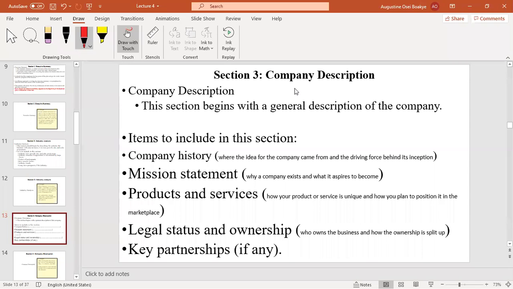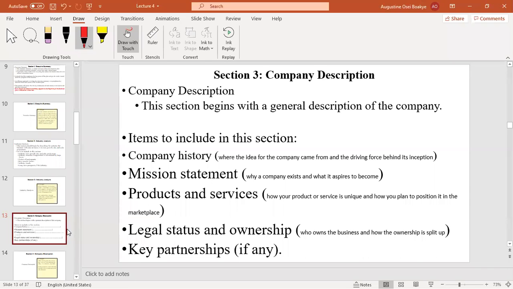The legal status and ownership of the company, who owns the business, and how the ownership is split. Is it in form of partnership? Is it something that is solely owned, or is it something that is going to be created as a limited liability company registered under the Register of Companies, and so on and so forth? All those details must be unequivocally opined over here.